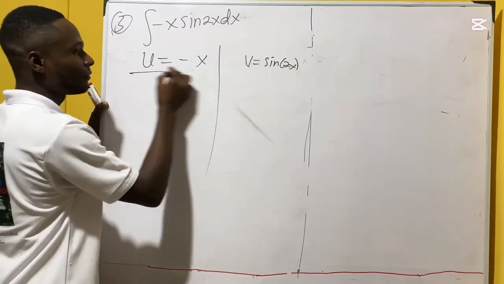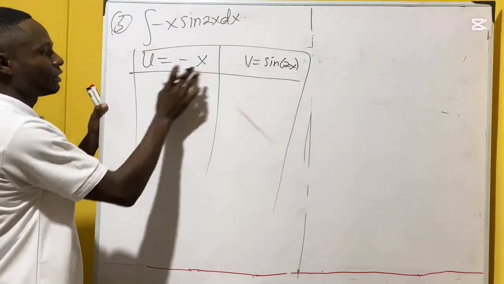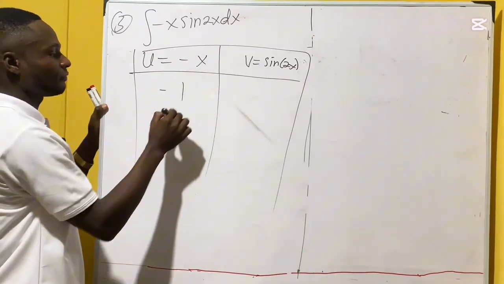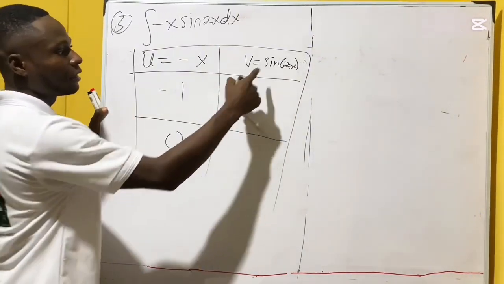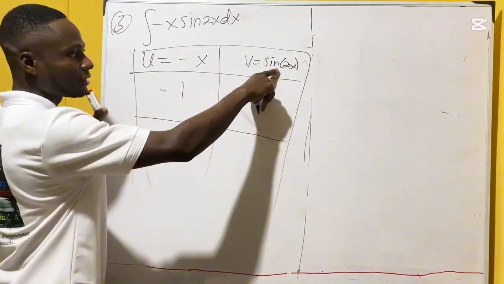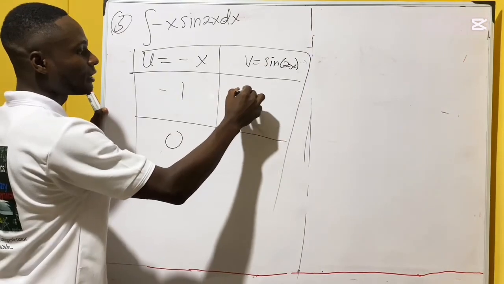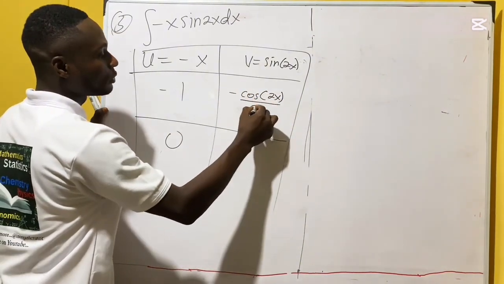So we have our table being created. Differential of this is negative 1. Go down again means 0. Differential of sine, this is integral, right? So integral of sine, we have negative cos 2x all on 2.